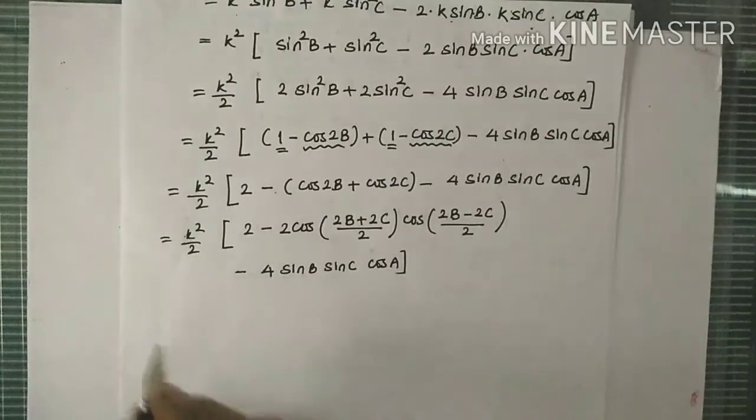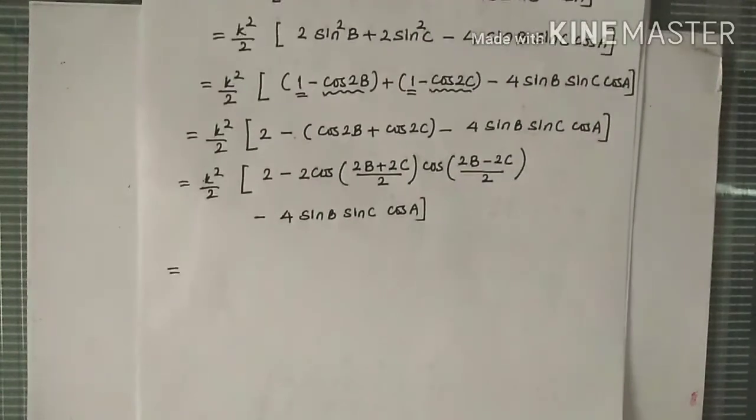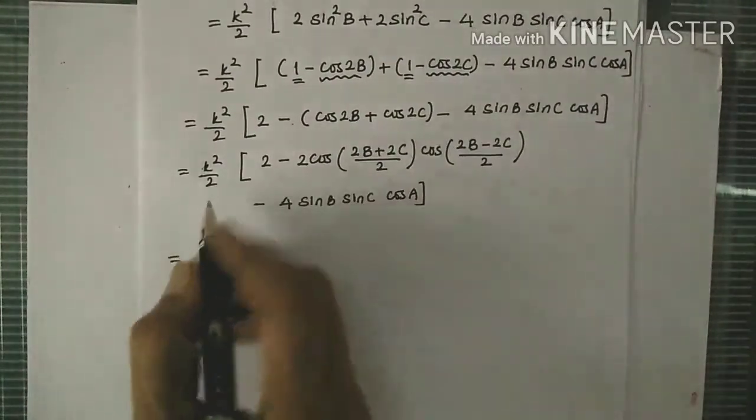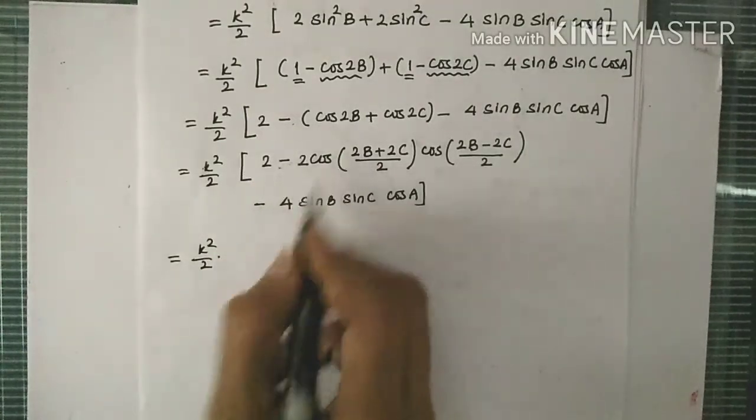Bracket complete. Now each term contains 2, so we can take 2 common and cancel with the denominator. So K square by 2, and let's take 2 common from these 3 terms.